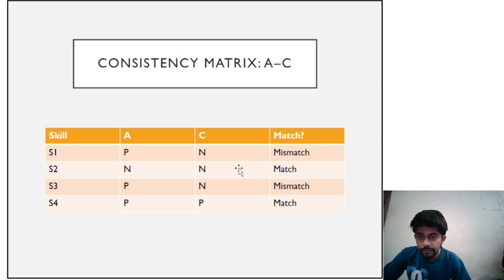Now let's see for A and C. For skill first, A has P, C has N, which is a mismatch. Skill 2, A has N, C has N, which is a match. In skill 3, A has P, C has N, which is also a mismatch.